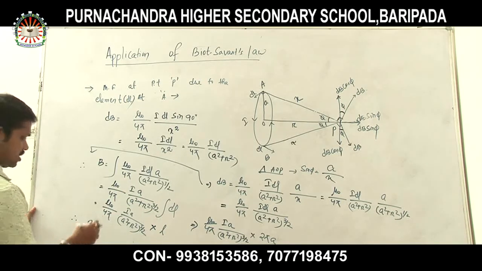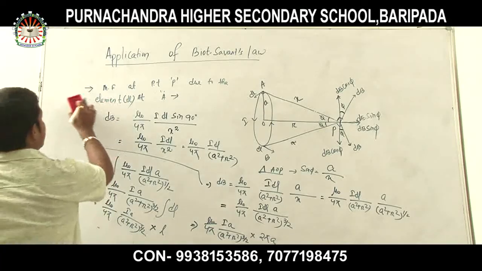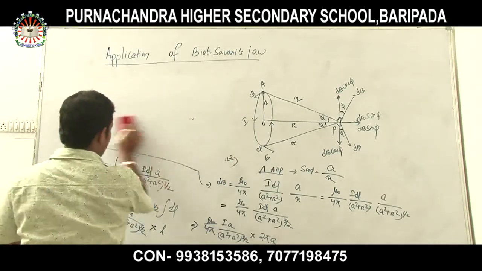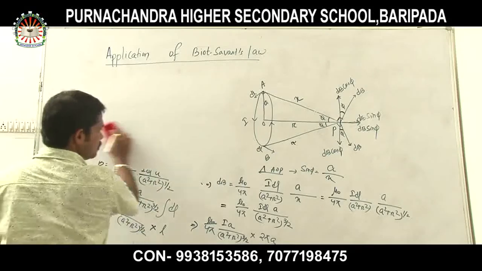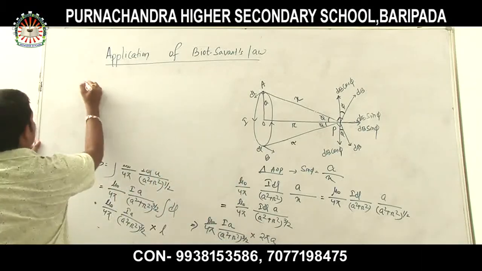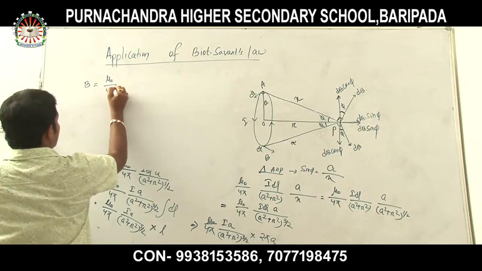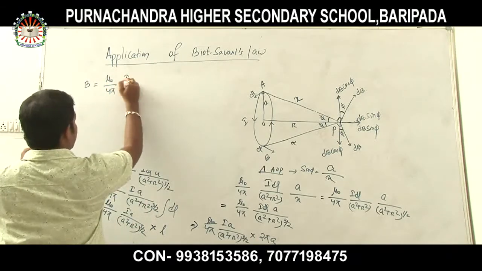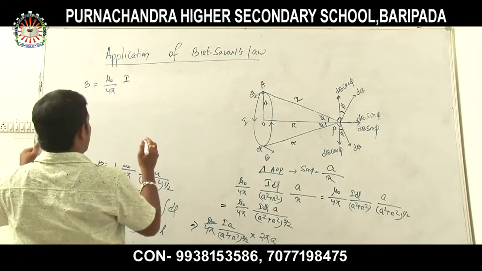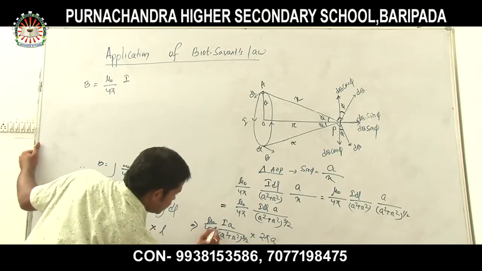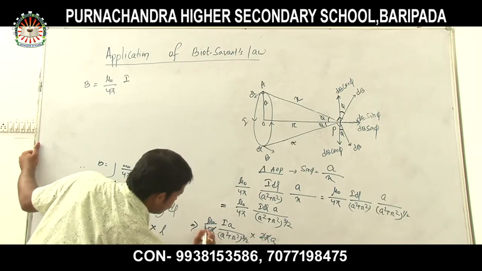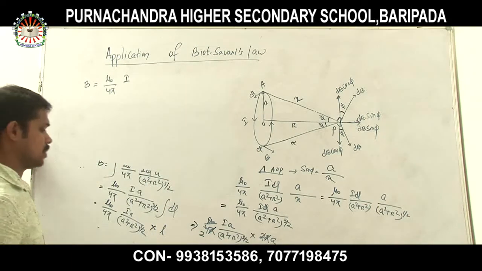Now B is equal to mu 0 divided by 4 pi, I, and look here, the pi cancels out, and this is 2.